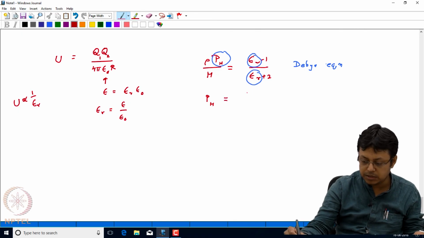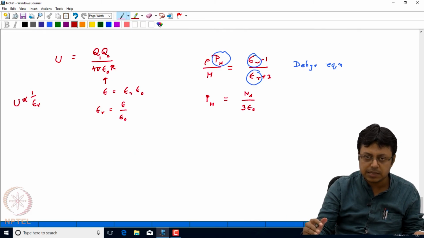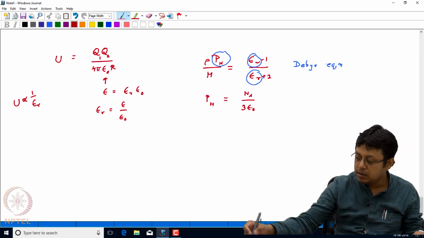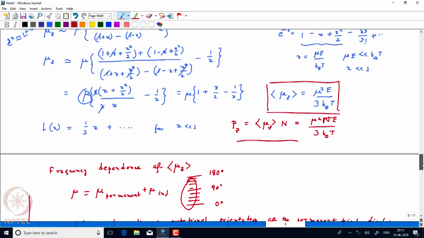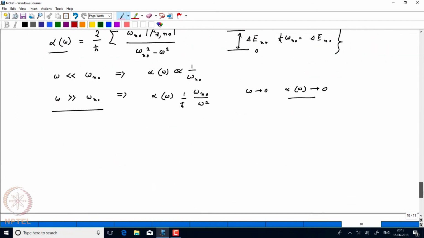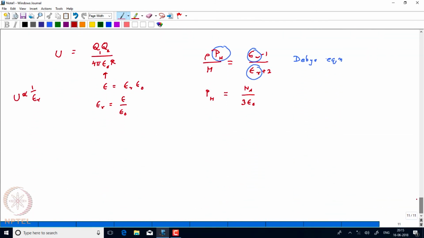The macroscopic polarization you already know, N a divided by 3 epsilon, comes from the expression of alpha, and then the average value of mu z, which we already saw, is basically mu z times n, which is mu square N by 3 kBT, and then we can have a permanent dipole moment contribution also.